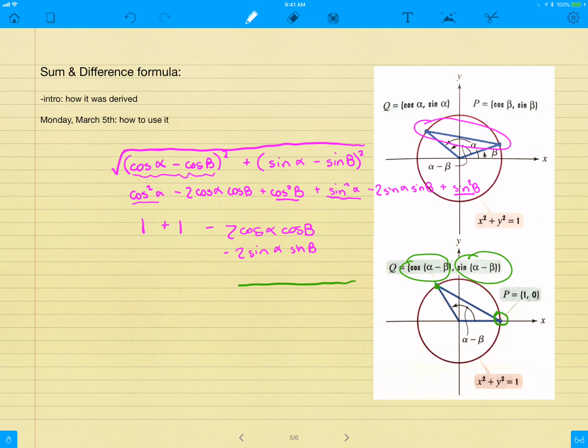You subtract the x-coordinates, so cosine of alpha minus beta, minus 1, and square that. And we add the difference in the y-coordinates, sine of alpha minus beta, minus 0, squared.